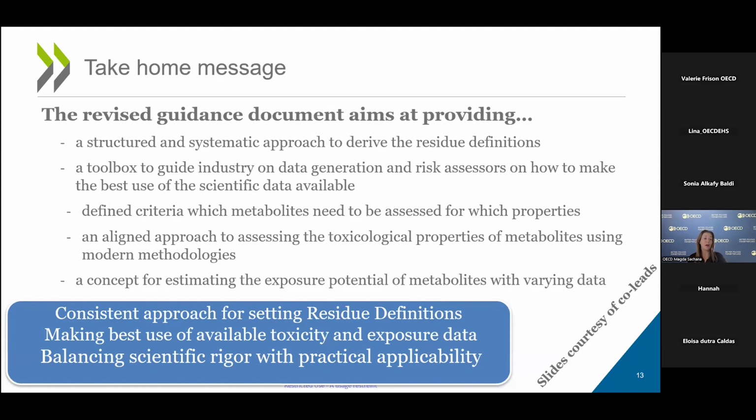The guidance will also define the criteria for which metabolites need to be assessed for which properties, and overall will give an aligned approach to assessing the toxicological properties of metabolites based on modern methodologies, and the concept for estimating exposure potential of metabolites with multiple and varying data.